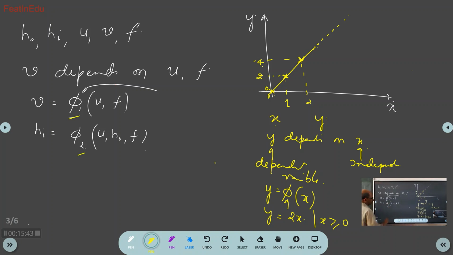What are these functions? Is it v equal to u, or v is equal to u plus f, whatever it is. So we need to derive the relation, determine the relation. Okay, so that is our next task. Clear, students? So you have to understand, I'll give you some time, just look into it. Okay, then we shall proceed.